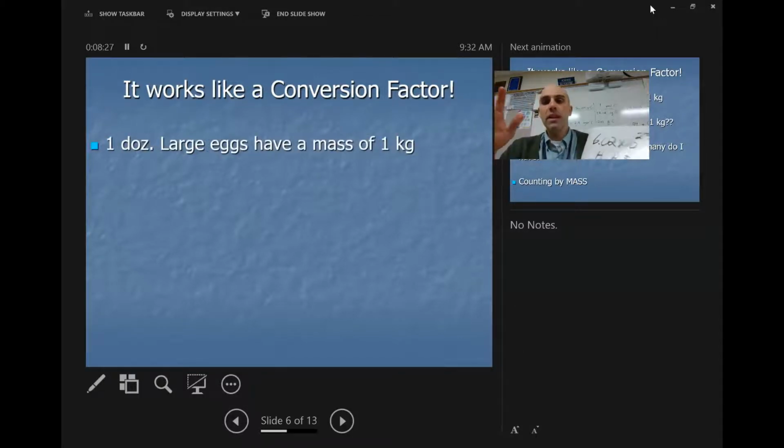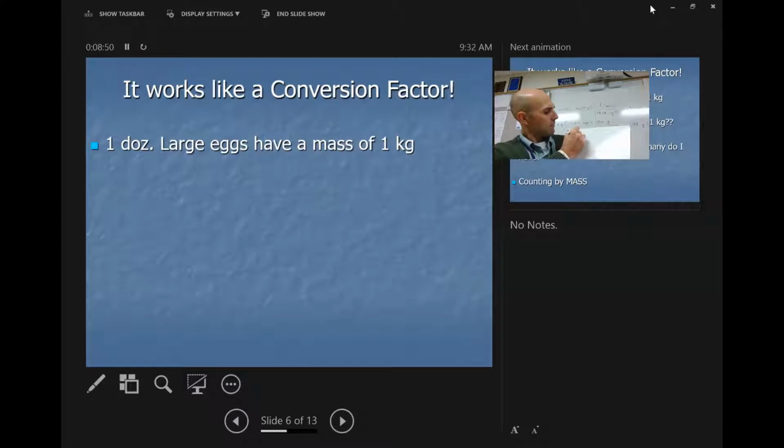So think of it this way. We have a dozen eggs. We're back to a dozen. I'm going to erase this side because we need to remember 6.02 times 10 to the 23rd. I'm going to say that number so many times it's going to drive you nuts. So we have a dozen large eggs. How many eggs is that?